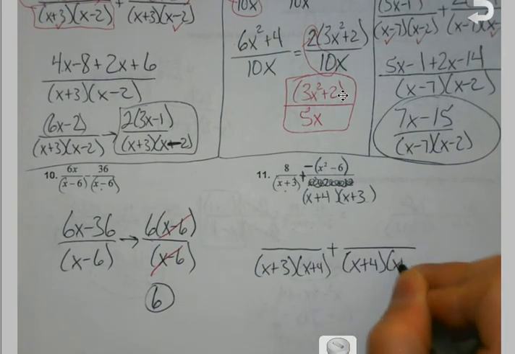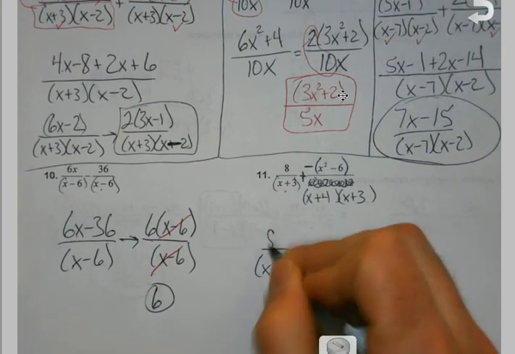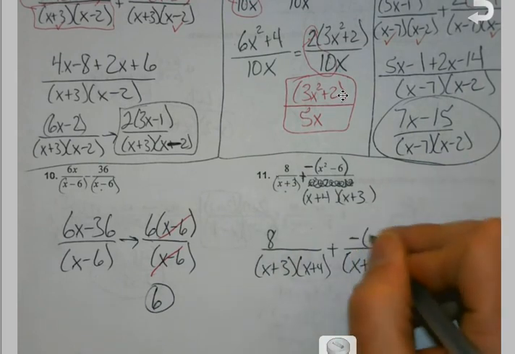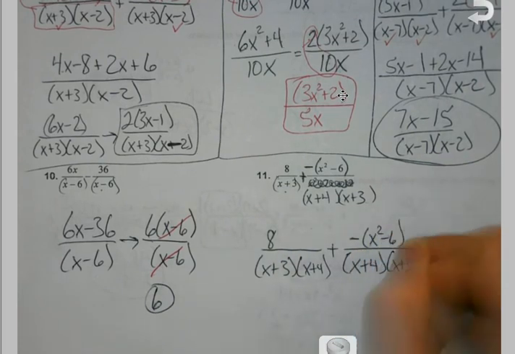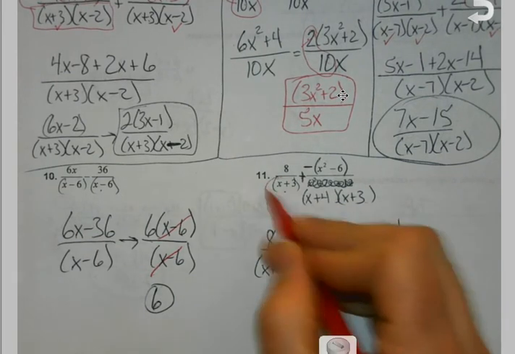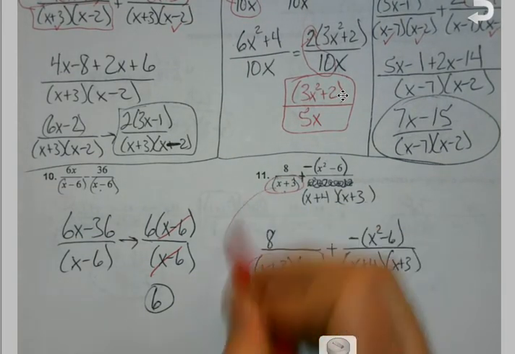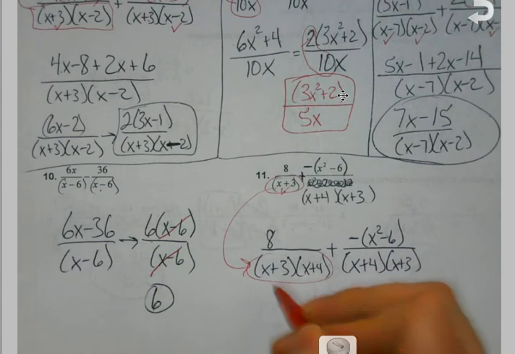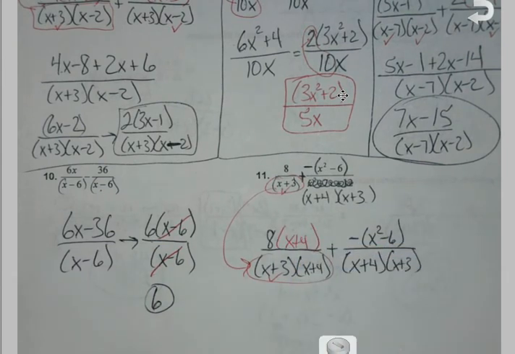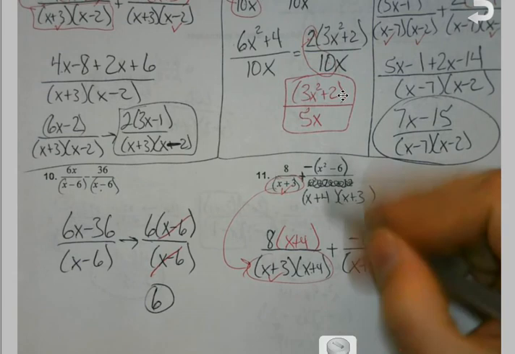So write that down. Get my 8. Get my negative x squared minus 6 going here. Original to new. What's missing? X plus 4 it is. Original to new.